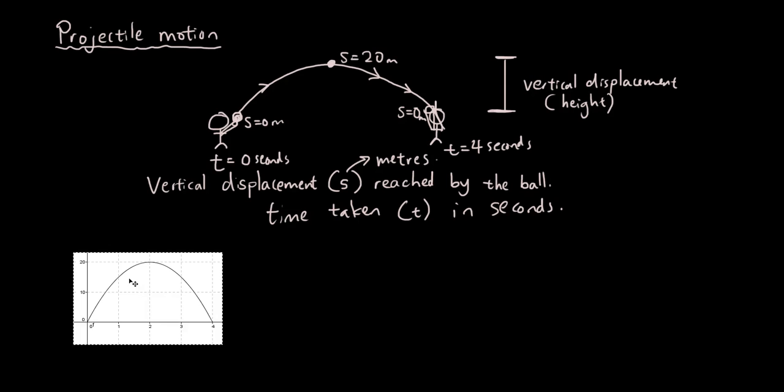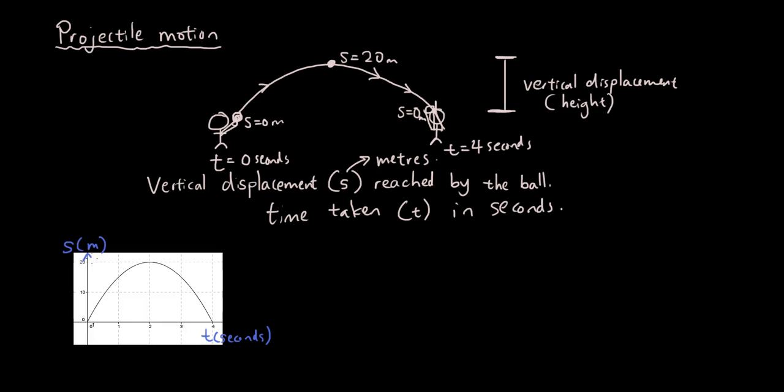smooth draw program. And so basically we have the horizontal axis of this graph as the time, which is in seconds, and the vertical axis is the height, or the vertical displacement, which is in meters.